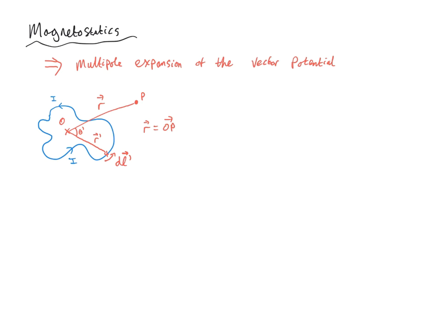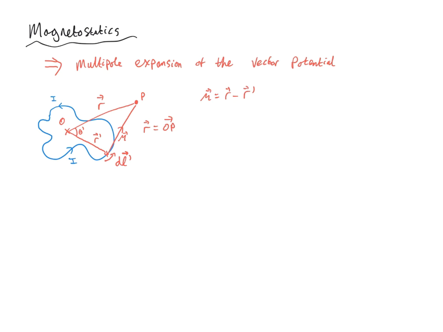So the vector that goes between the source point and the field point is this one, and that is this thing that we call script r. So just to remind you, script r is r minus r primed by the usual vector addition.